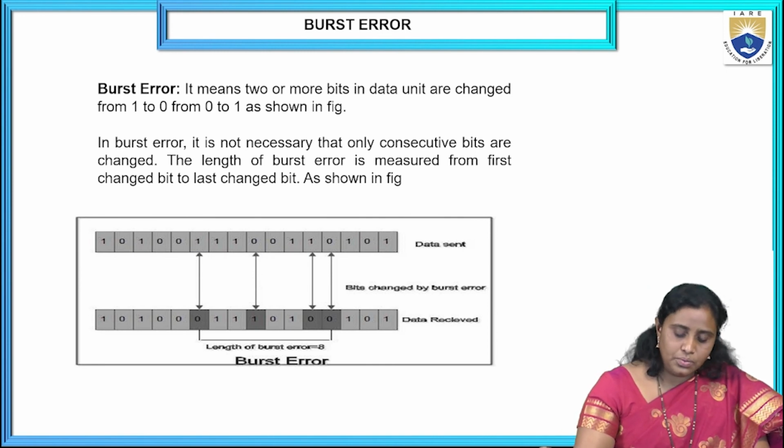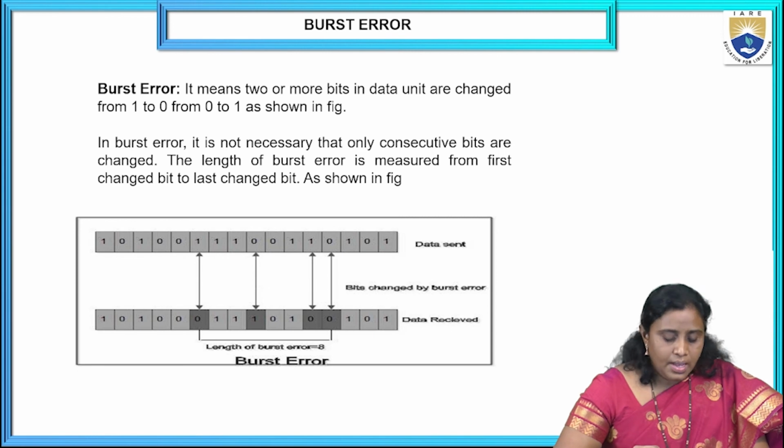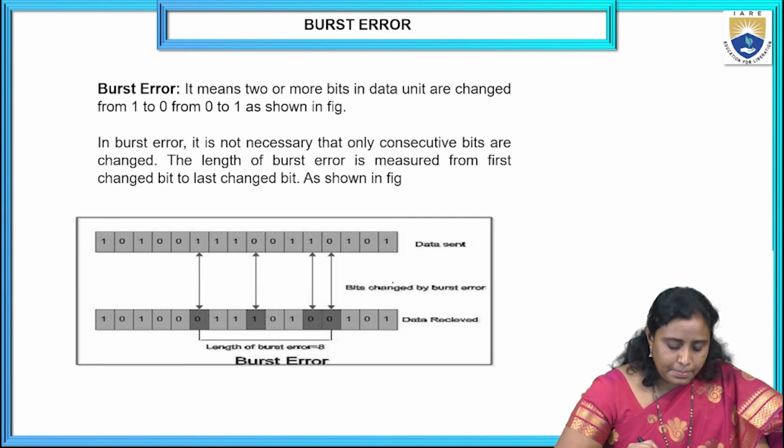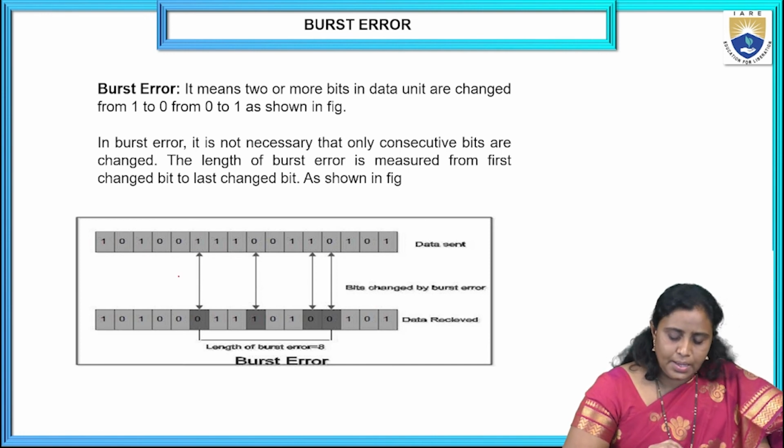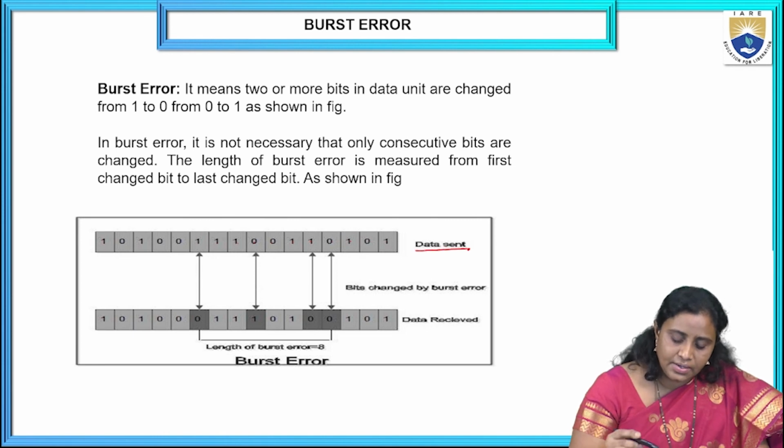So again, I want to describe the figure pictorially. We have to identify the number of bits which will be sent from one source to the destination. The data sent from one source, in consecutive bits, is like 1 0 1 0 0 1 1 1 0 0 1 1 0 1 0 1. This is the data sent from one source node.